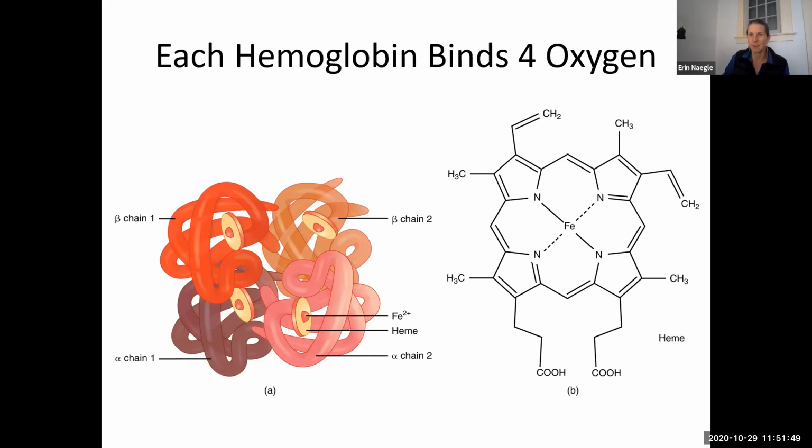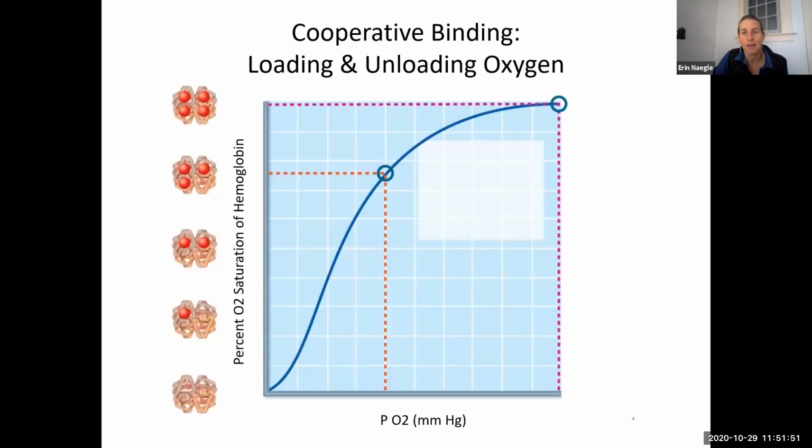Now, we had some fun with graphs in Mastering A&P. Hemoglobin does something called cooperative binding. What does that mean? Similar to enzymes, if this is my enzyme and I've got an active site and the substrate comes into that active site, the active site changes shape, right?